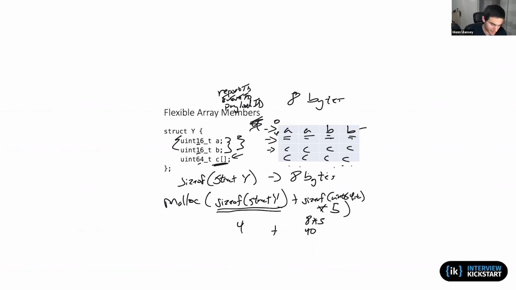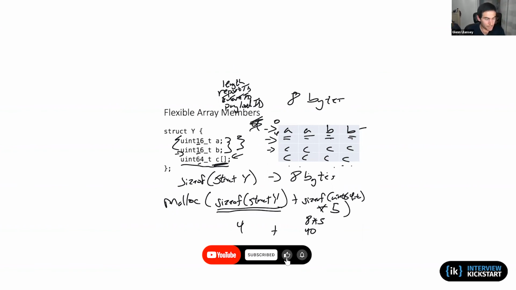You also would often see a length field, because this field in the structure itself doesn't tell you how long it is. Depending on how your system is designed, you might need an explicit field that states either how many bytes or how many array entries this flexible array member consumes.